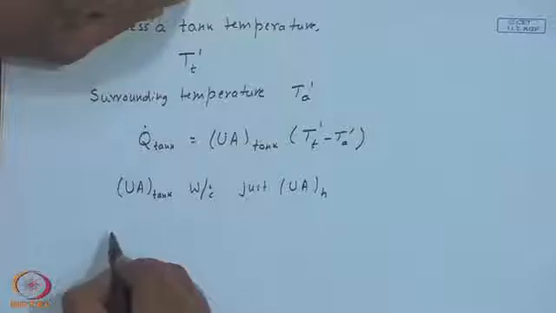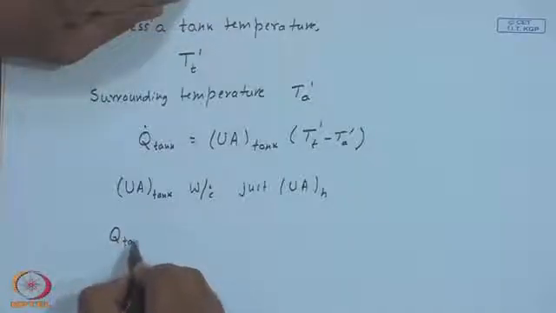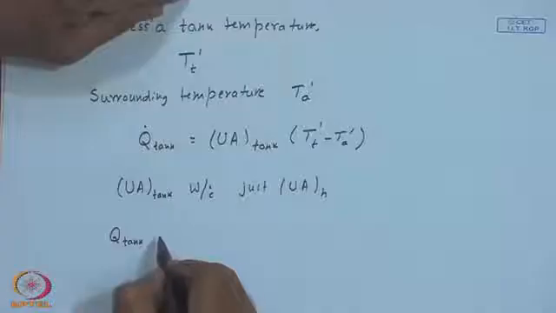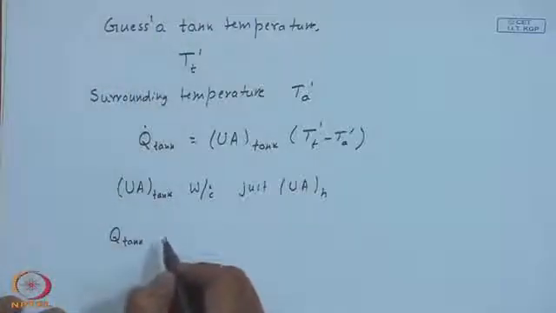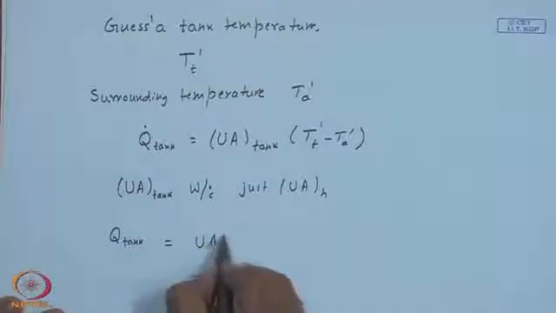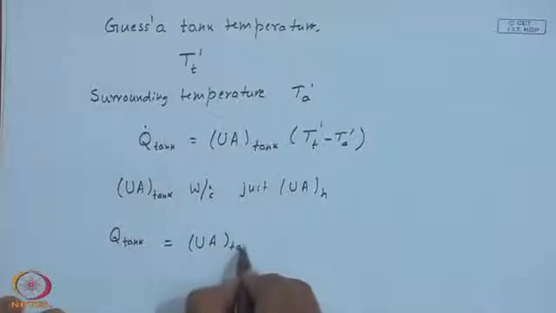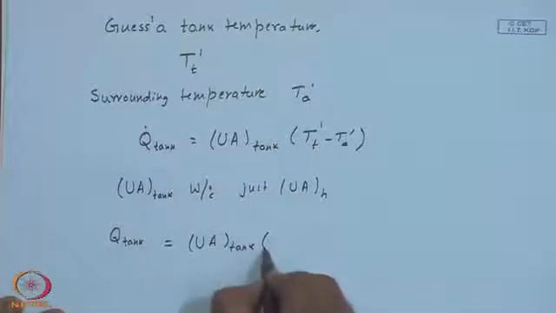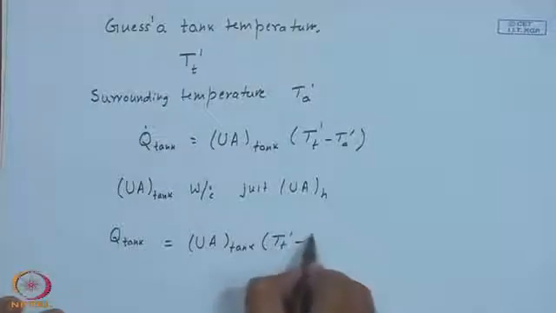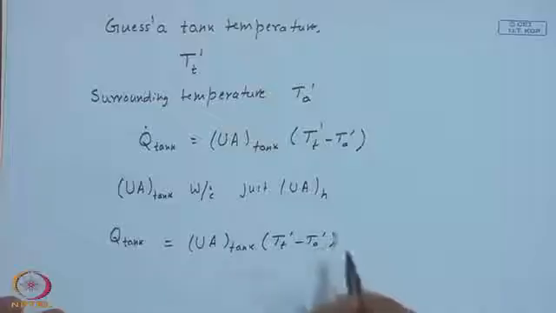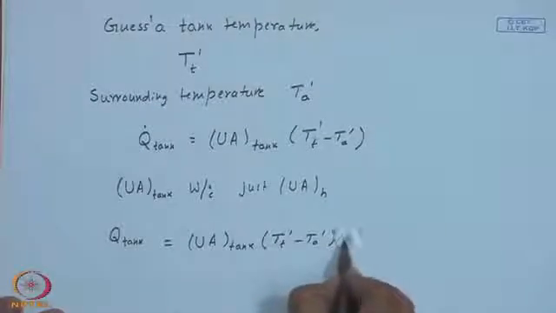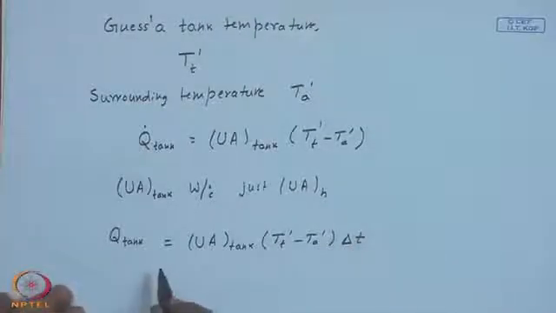If I integrate this Q dot tank rate over the month and assume this T T dash and T A dash remain constant or some average value, I will get Q tank equals U A tank times T T 1 minus T A dashed times delta T, where delta T is the number of seconds in the month.